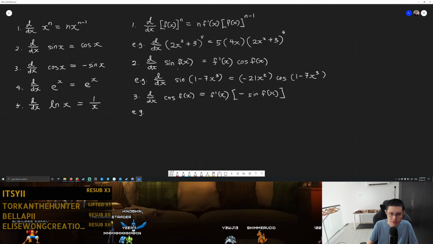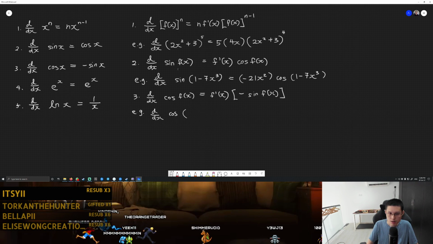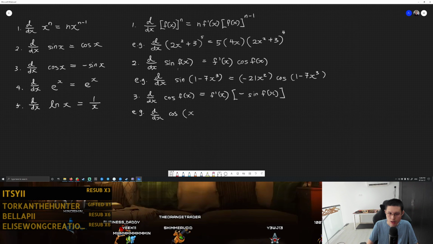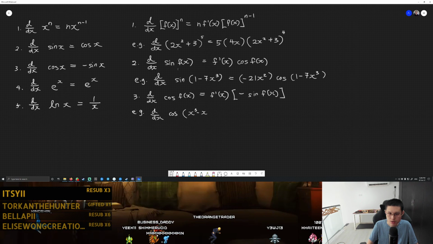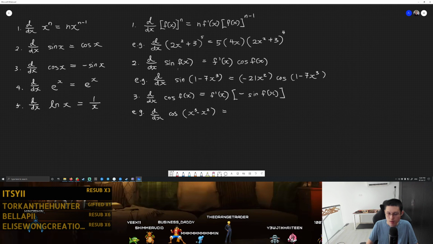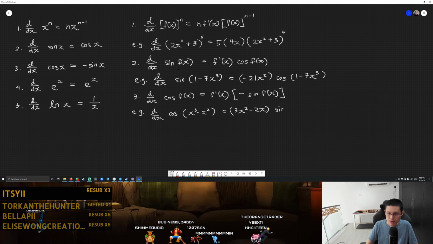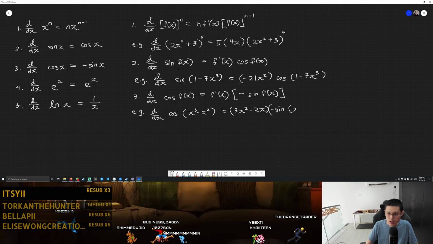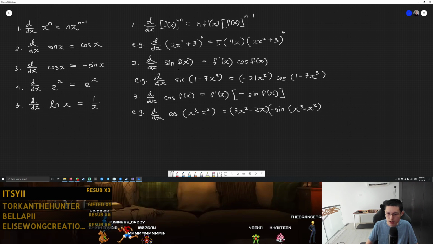So a quick example, suppose I differentiate cos of (x cubed minus x squared). What am I going to get? Well, first you differentiate whatever's inside the function, which is going to give you 3x squared minus 2x, and then negative sine (x cubed minus x squared).